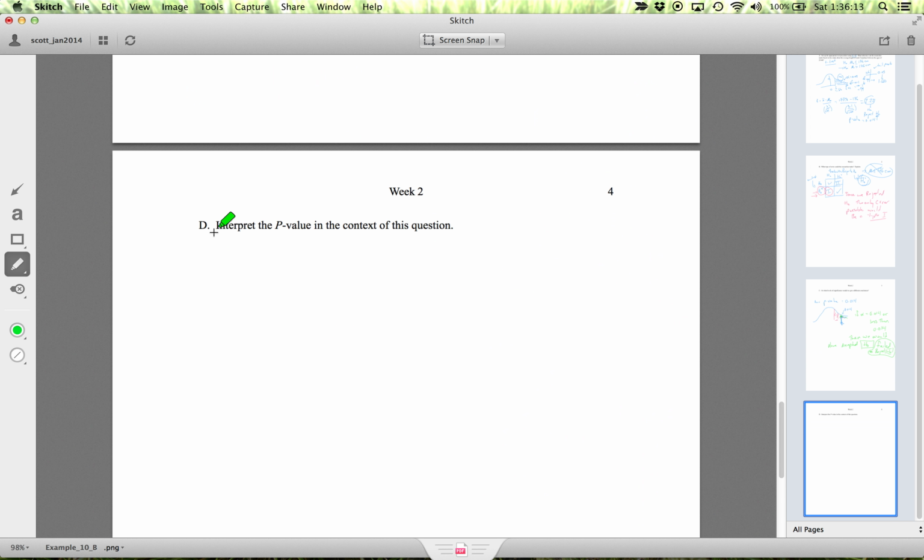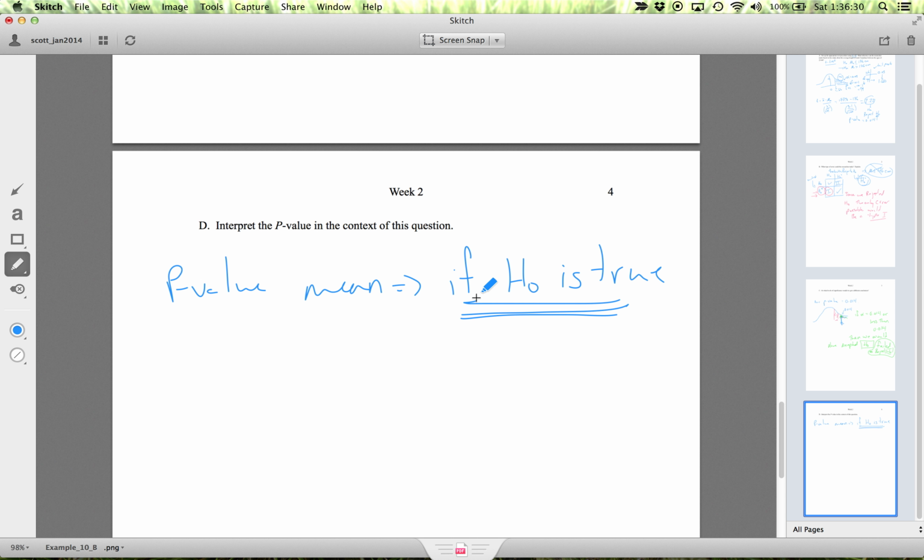Part D, interpret the p-value in context. Remember, what does the p-value mean? The p-value means that if H naught is true, and that's important, then the p-value gives the probability of seeing your given sample.